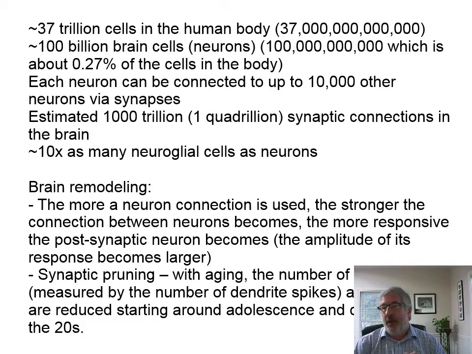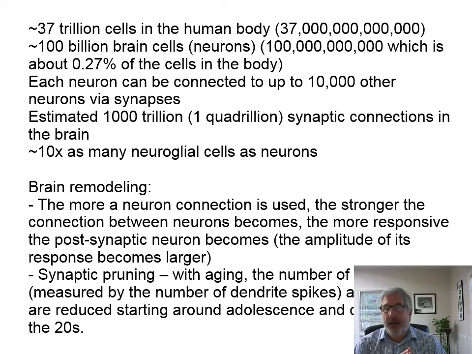It's where an axon comes together with another axon, or a cell body, or dendrites, or those kind of things. So you can have different synapses, and there's an estimated 1,000 trillion, which would be 1 quadrillion, synaptic connections in the brain.